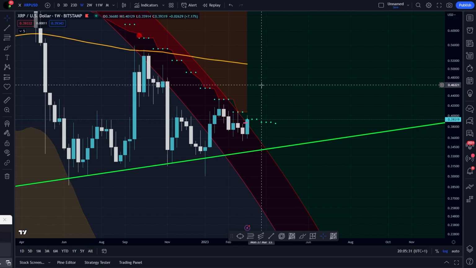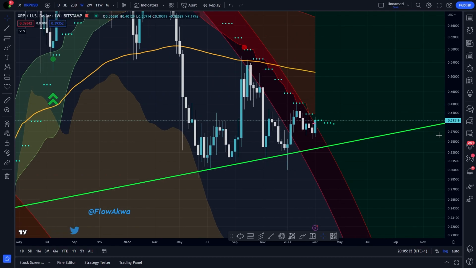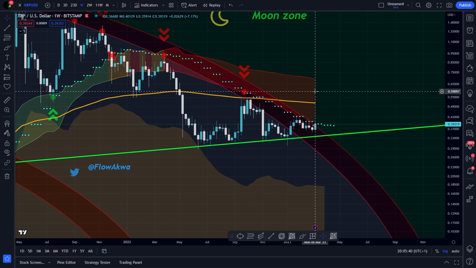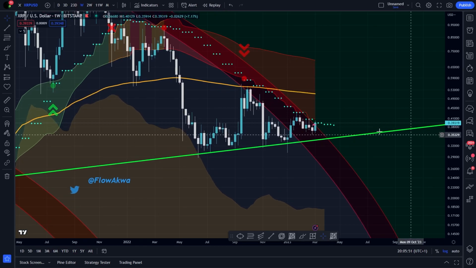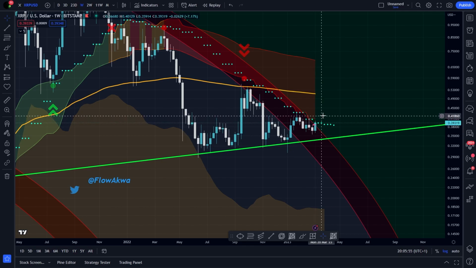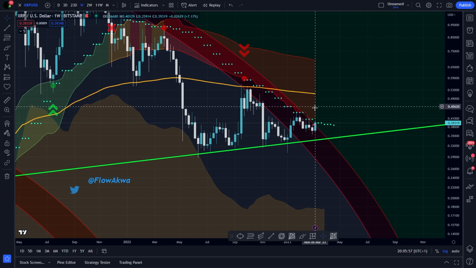Also, I don't want to discourage you, but I have to be honest. You remember that we also have the bull-bear band above us, right? So even if we are able to cross the bear market resistance, we still have this huge area of resistance above us.